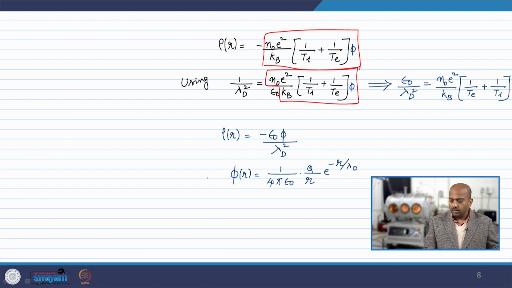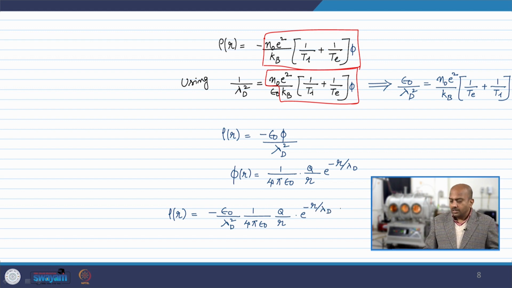We can use this and write the combined expression for the charge density as minus epsilon naught by lambda_D square times 1 by 4 pi epsilon naught times q by r times e to the power of minus r by lambda_D.